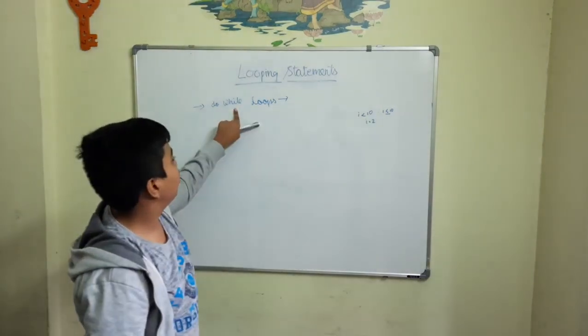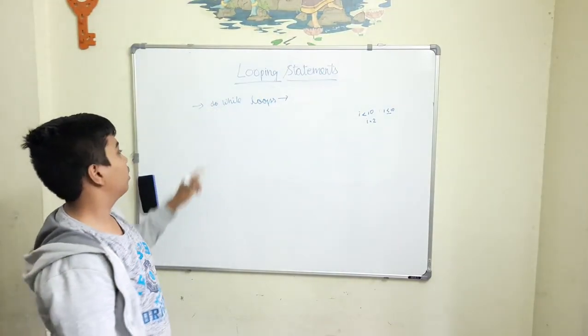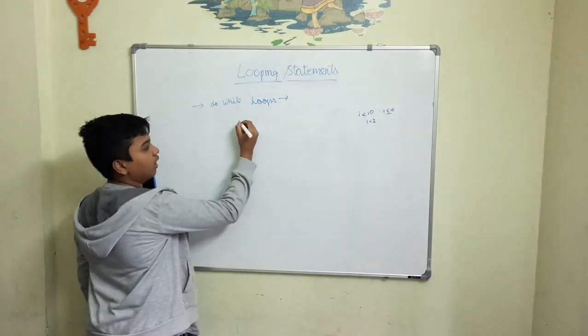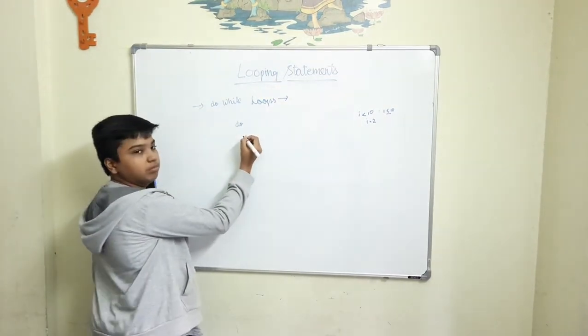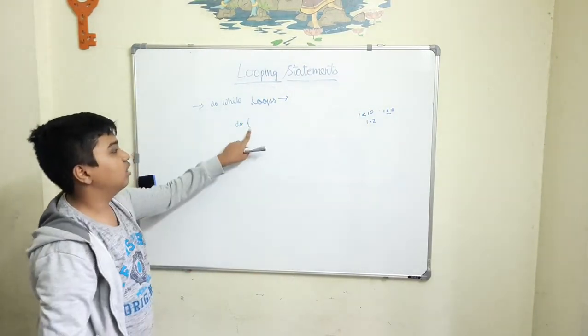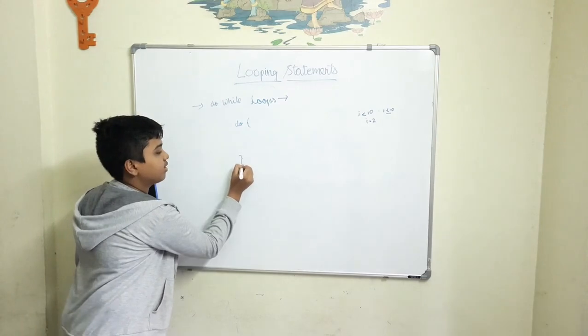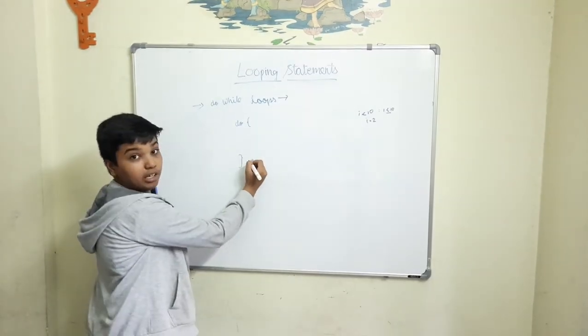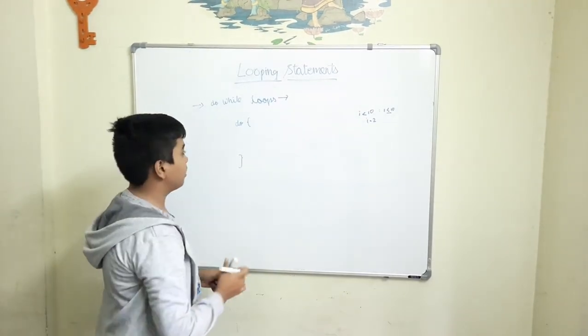It's a mixture of while loop and a do statement. The syntax is like this. It starts with a simple word do, and just open curly braces just like that and close. And here comes the while statement over here, that is to check the condition.